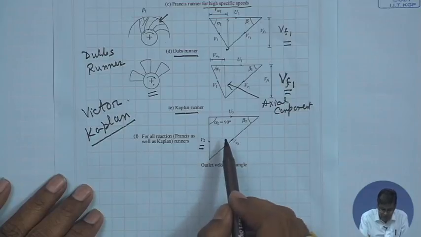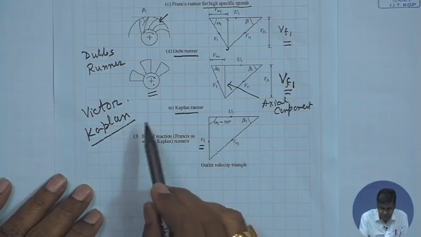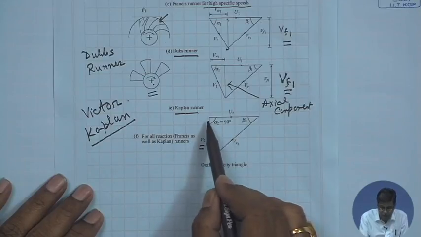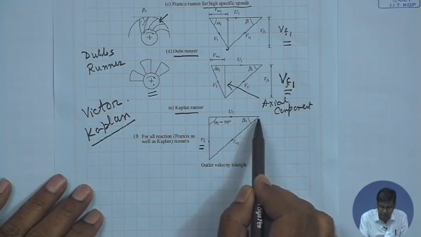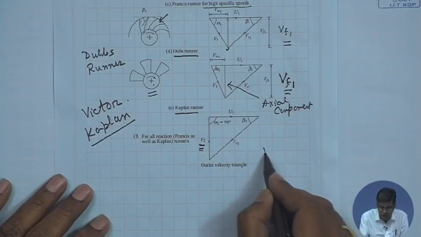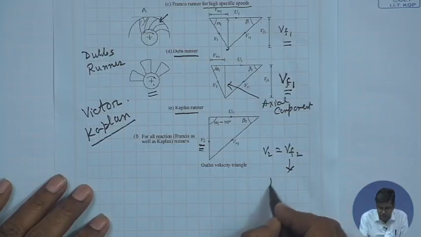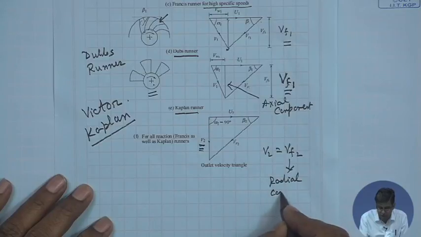But the difference is that in all runners except Dove's and Kaplan, where the outlet is in the radial direction, the absolute velocity equals the flow velocity at the runner, which is nothing but the radial component.